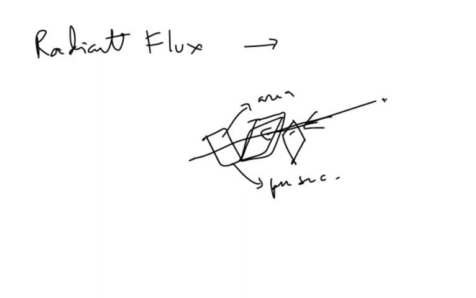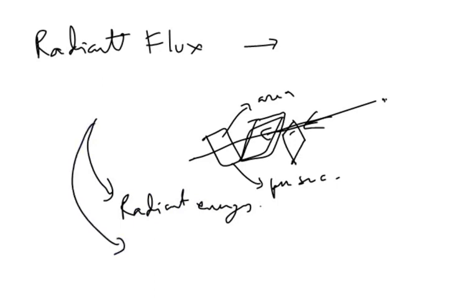Fine. Now, the radiant flux of a source depends on two factors. Number one is the radiant energy. And number two, it is the distance of the source from our point of observation.